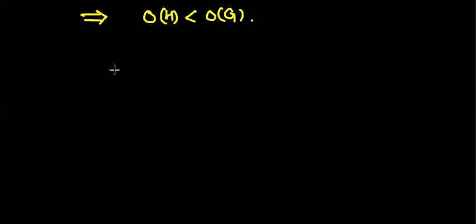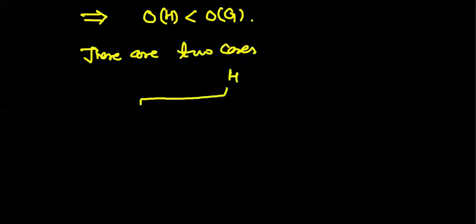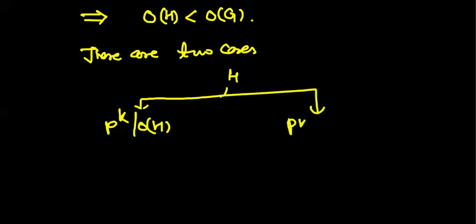Now there are two cases: either p raised to power k divides the order of H, or p raised to power k does not divide the order of H. So there are two cases within this case.